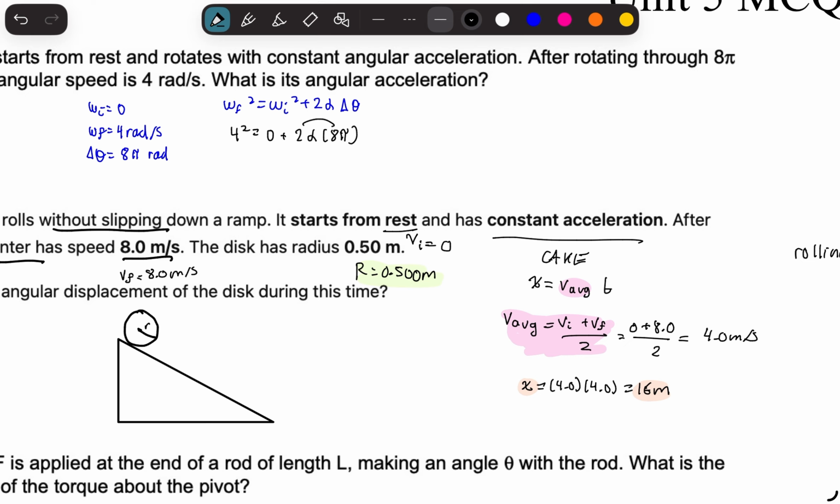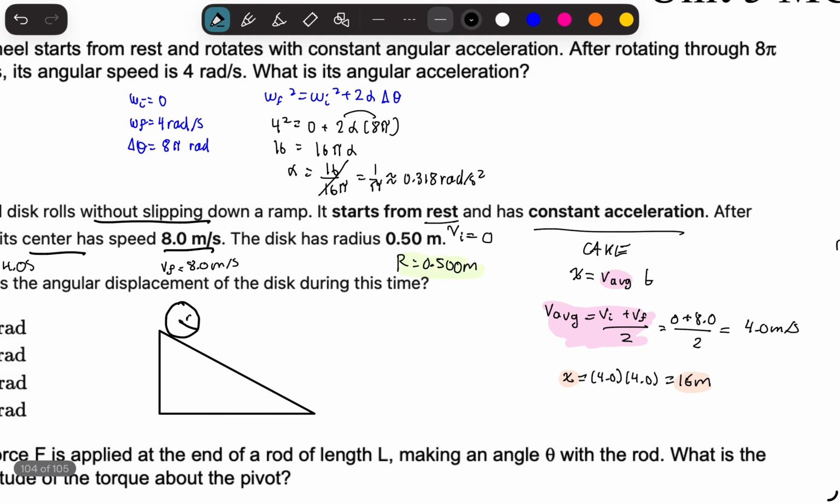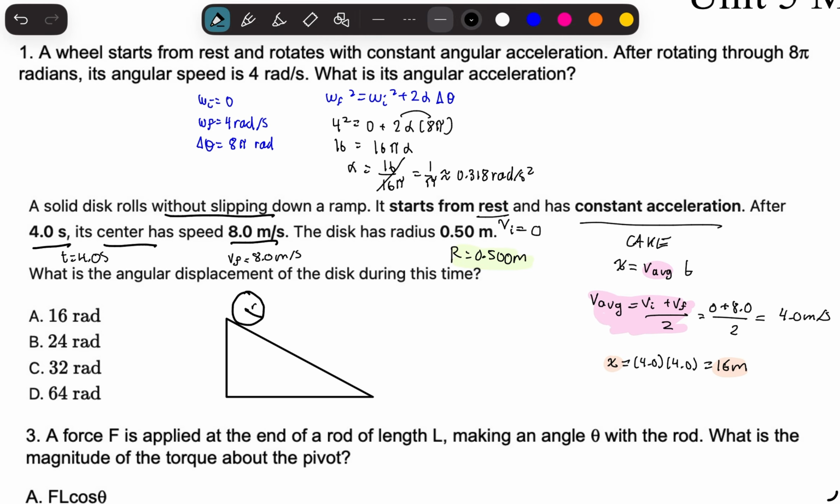So this is 16 equals 16 pi alpha, and alpha is equal to 16 over 16 pi. So this is going to be 1 over pi, which is approximately 0.318 rad per second squared. So that's our answer.